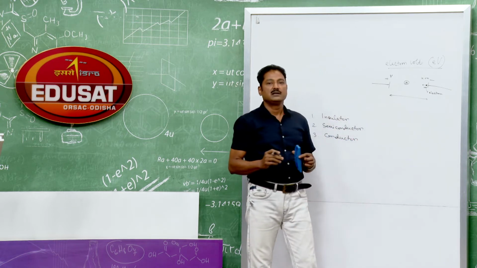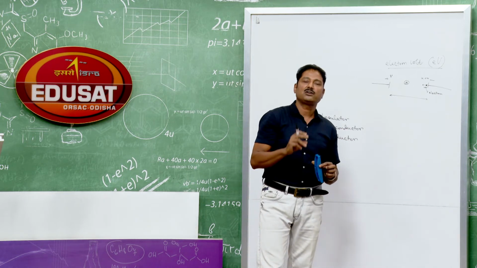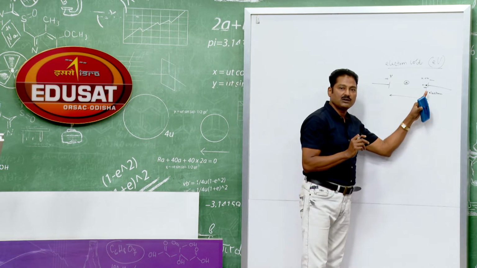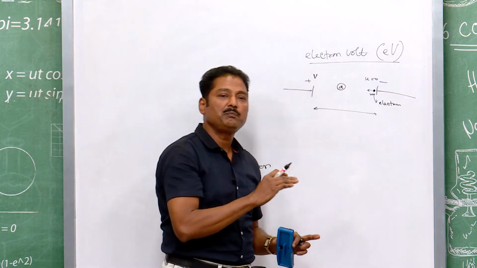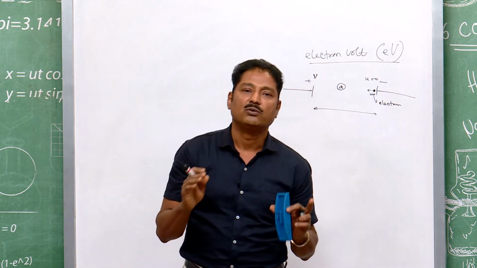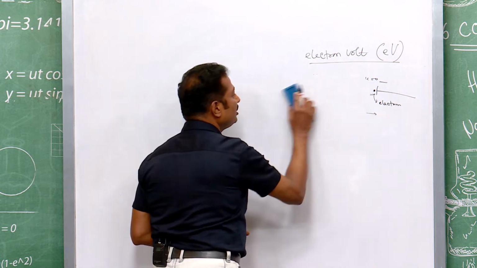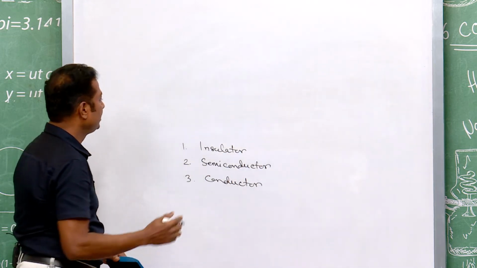That means, 1 electron volt is the energy gained by 1 electron when accelerated from a negative plate to a positive plate separated by 1 volt potential difference. Now, come back to our band theory and our classification of material.